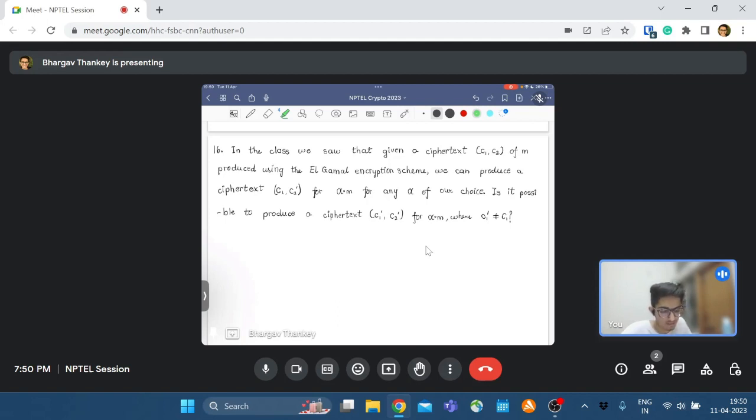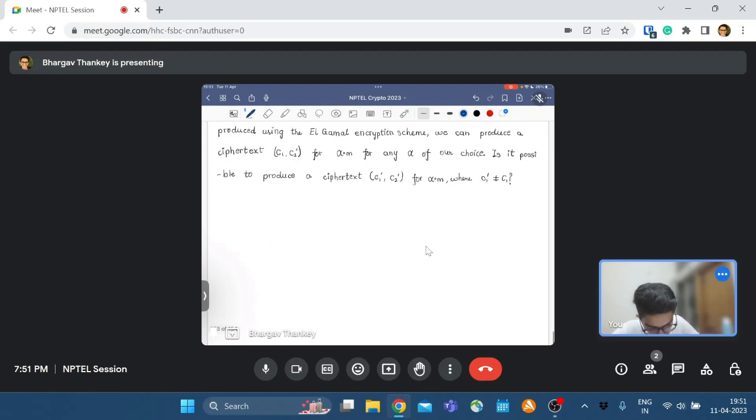Over here C1 remains the same, but C2 prime is different. Now, is it possible to produce a ciphertext C1 prime, C2 prime for alpha times M where C1 prime is not equal to C1? So now we want to produce a ciphertext in which both these components are different. The question is, can we do this? The answer is yes.